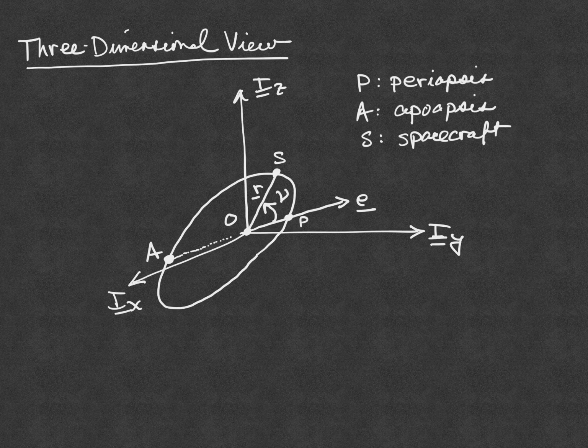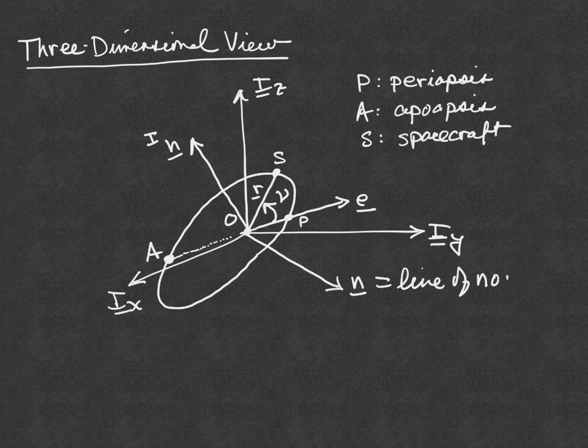So remember that the direction, which is normal to the eccentricity and also normal to the orbit plane, is the specific angular momentum. And then if I take Iz crossed with H, as I described in the previous lecture, that gives us what's called the line of nodes. And the angle between Ix and the vector N, that angle is the longitude of the ascending node.